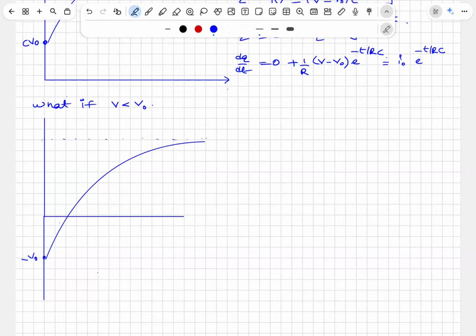The graph will behave like this. Finally, plus V.